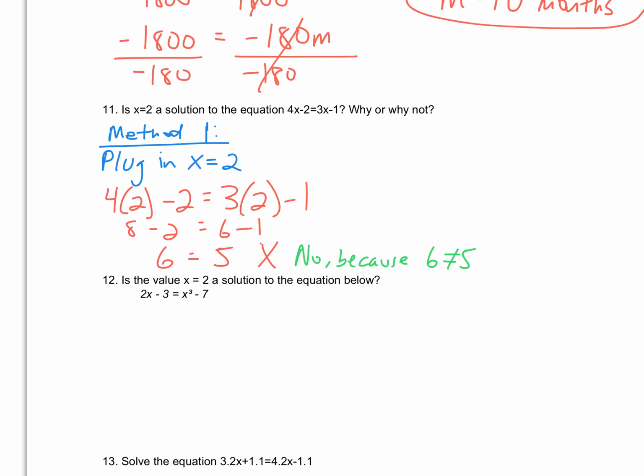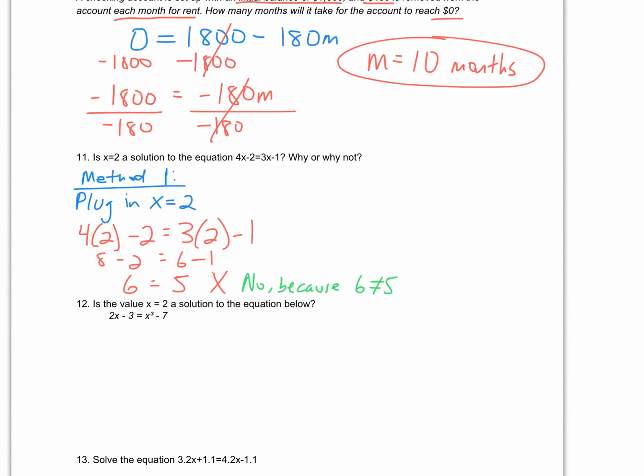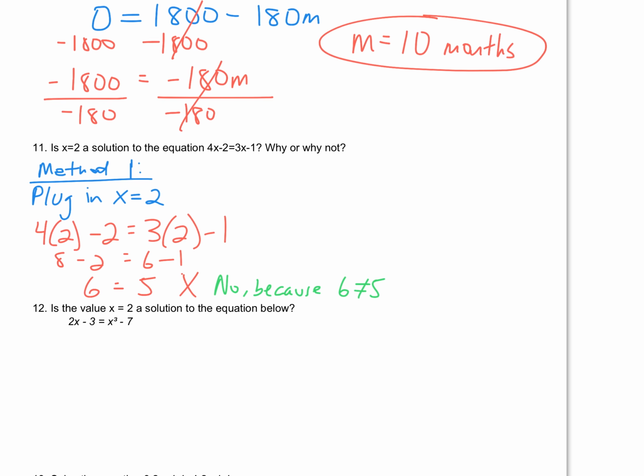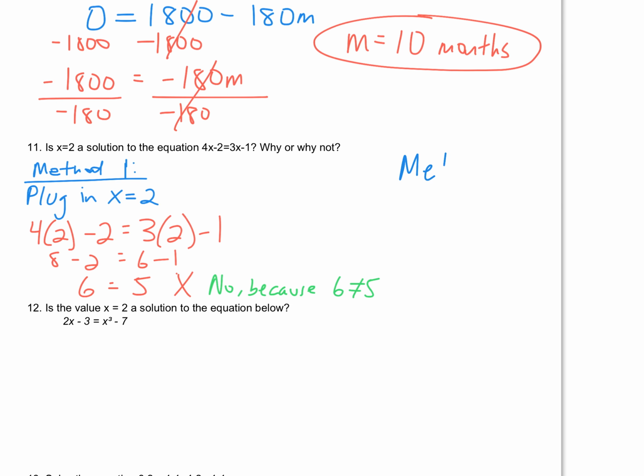Or I could look at method 2. So let me scroll over here. Method 2, I could just solve the equation. If it ends up equaling 2, then I know I'm right. So just solve the equation. 4x minus 2 equals 3x minus 1.